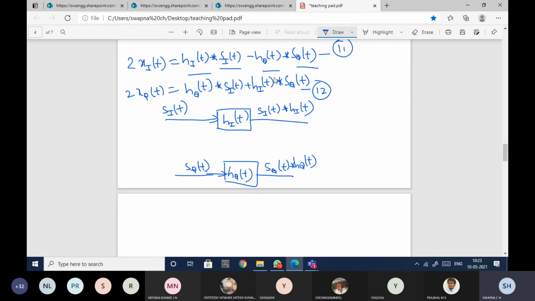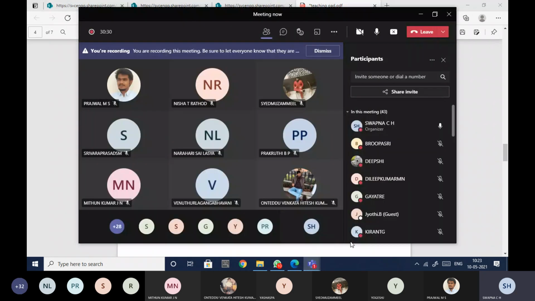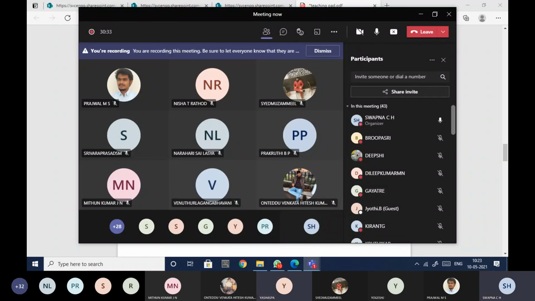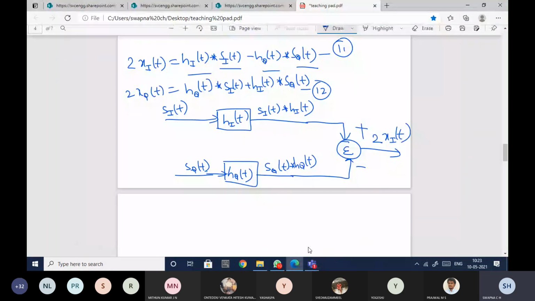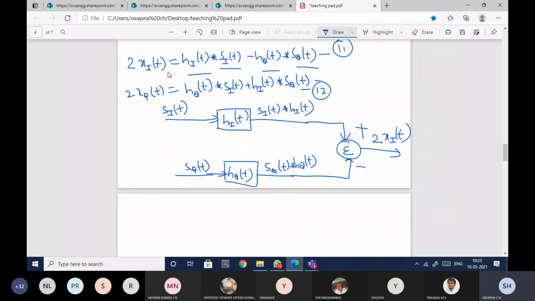Now I need to subtract these two signals, so I'll give them to the summer, where this will be positive and this will be negative, so that the output here will be equal to 2xi of t. Is this implementation clear to all of you? Yes, ma'am. Okay.